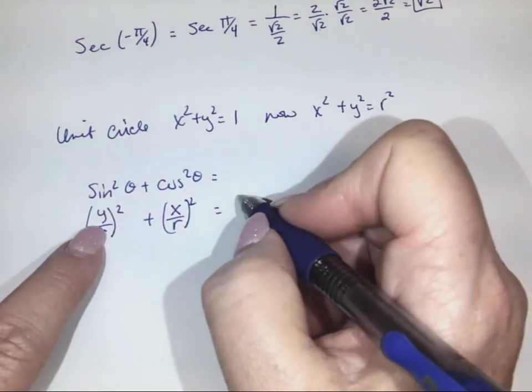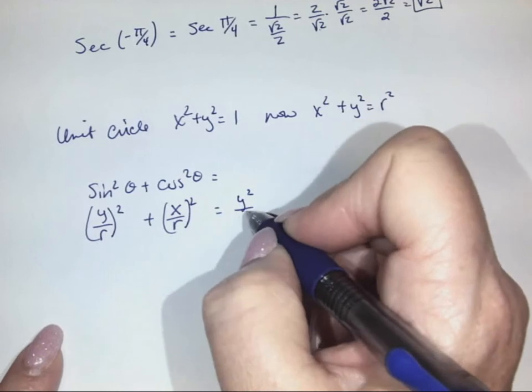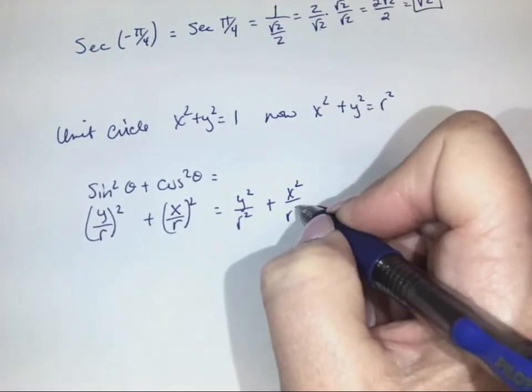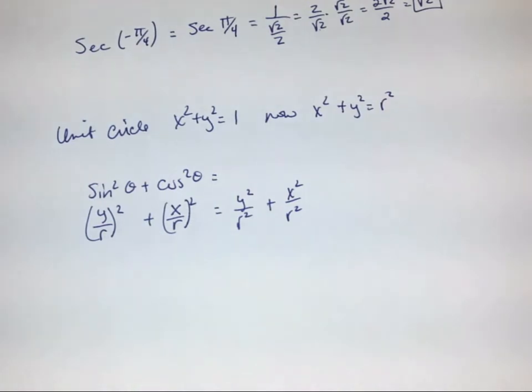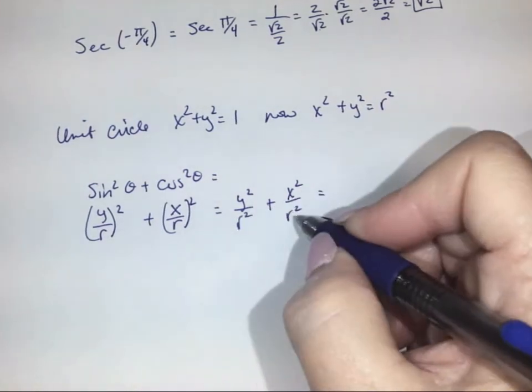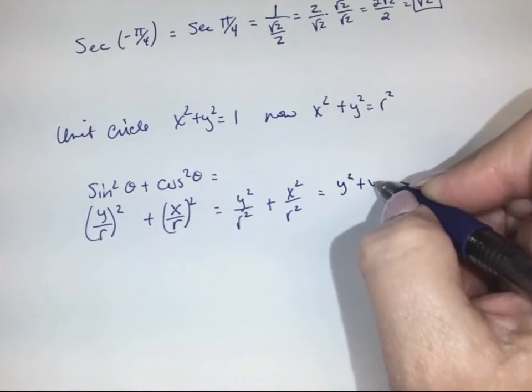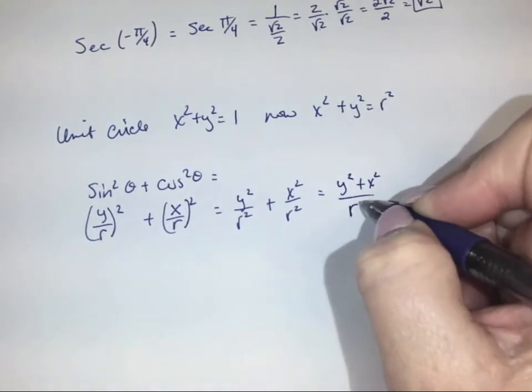Well, that would be y squared over r squared plus x squared over r squared, just squaring each of our values. We can put this over the same denominator, so we get y squared plus x squared over r squared.